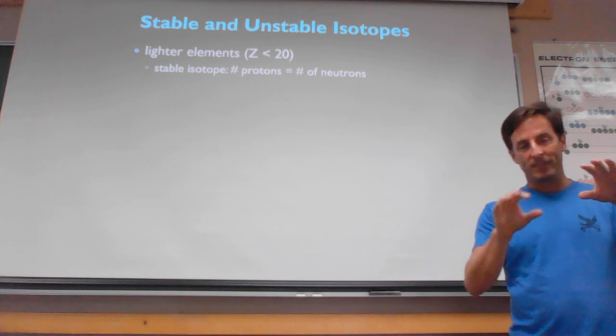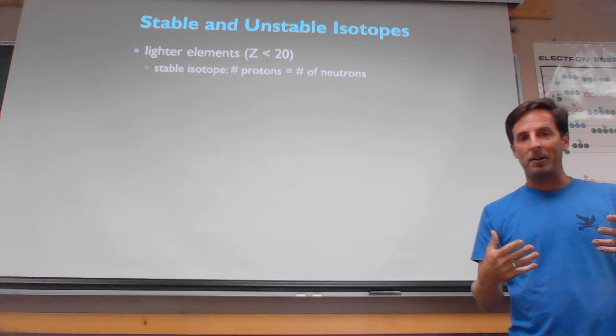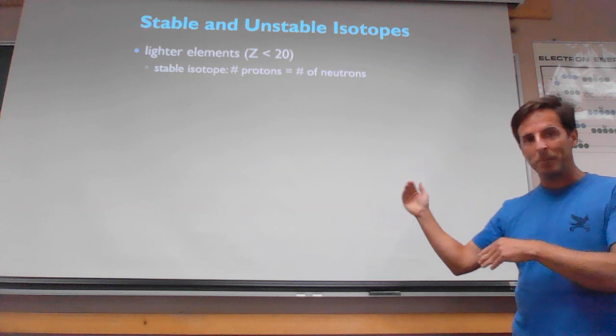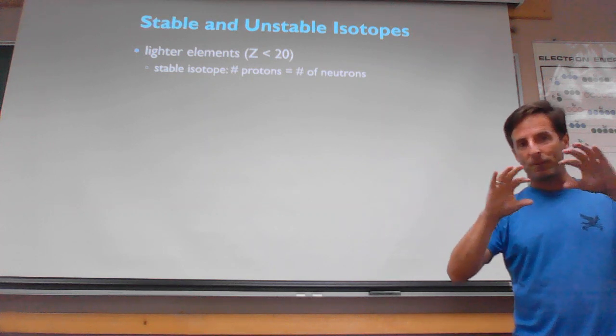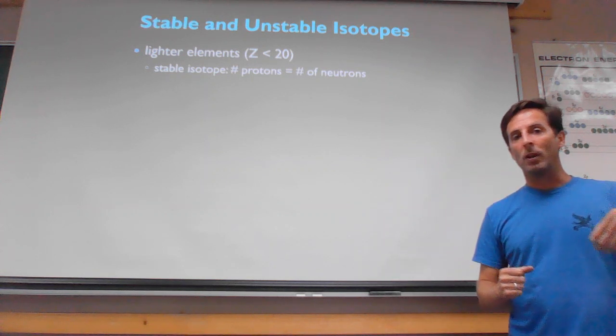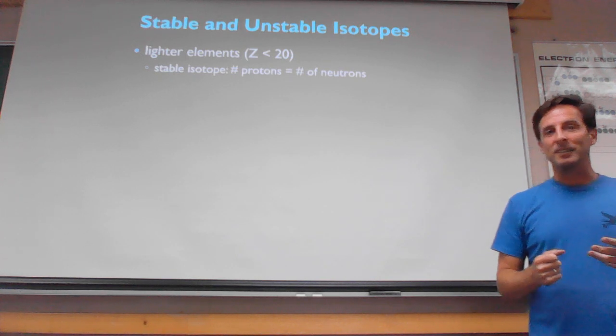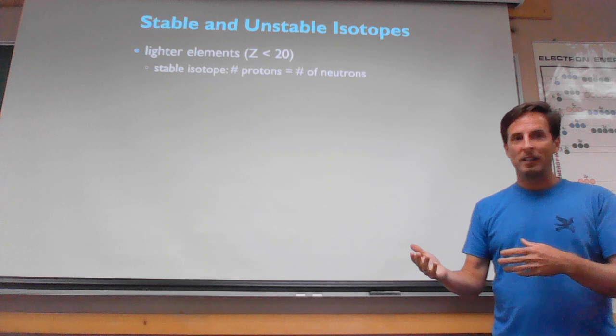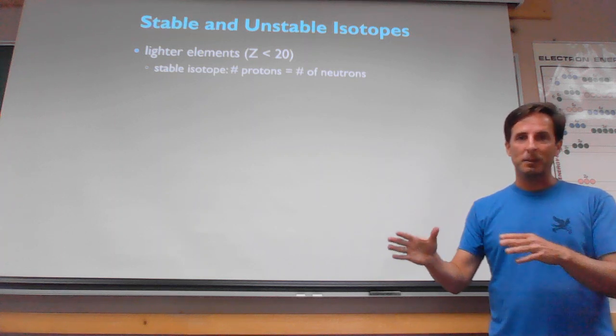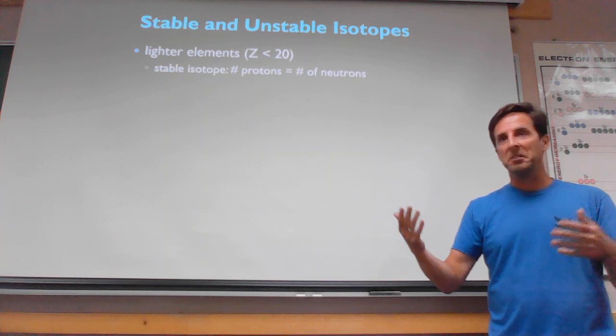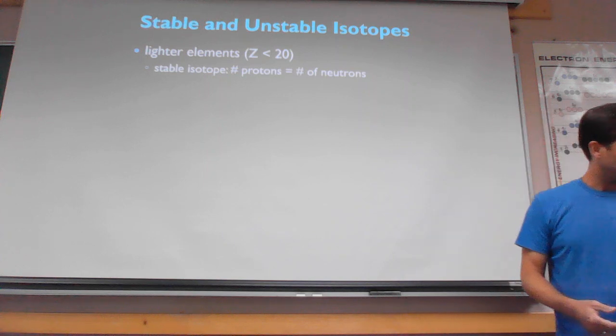And just that imbalance is common for smaller atoms. When the protons and neutrons are further apart from each other, it's more likely to be radioactive. We're really not going to get too much into predicting that in this section, but just realize there are rules that can be followed, that it's not a bad thing to be aware of.